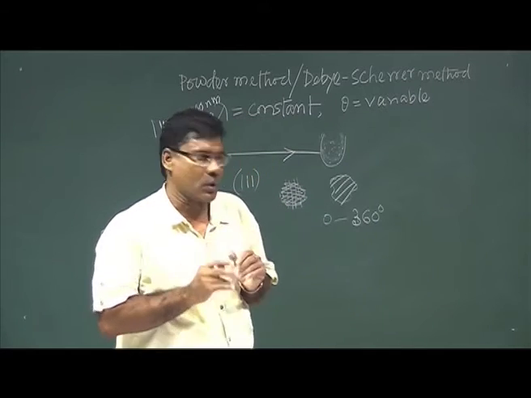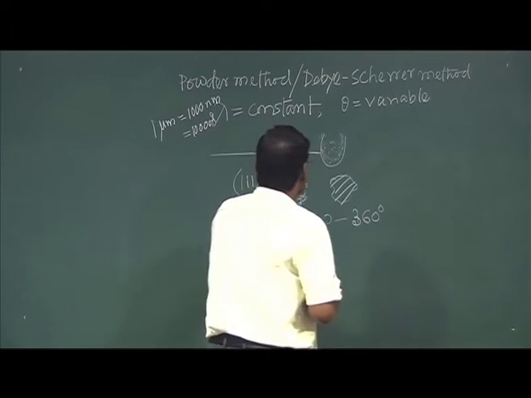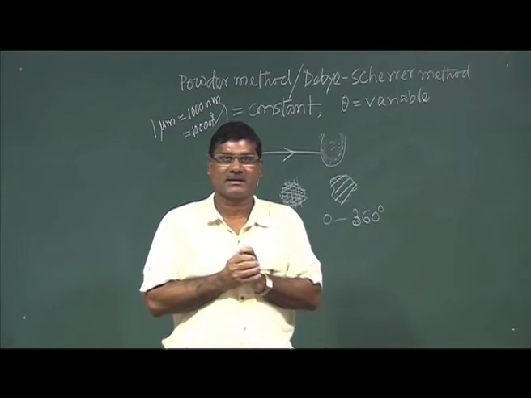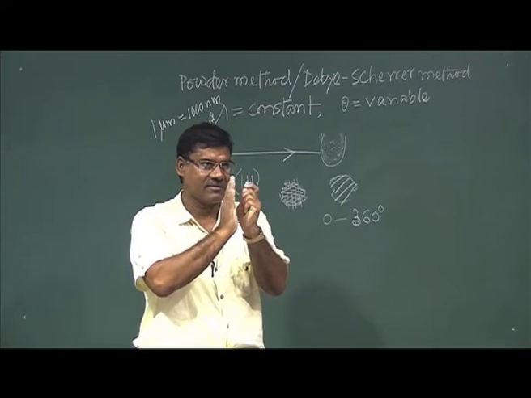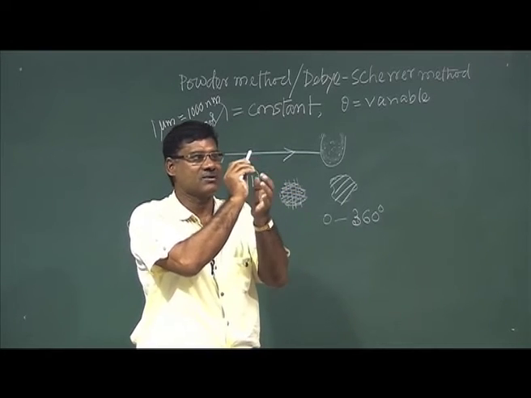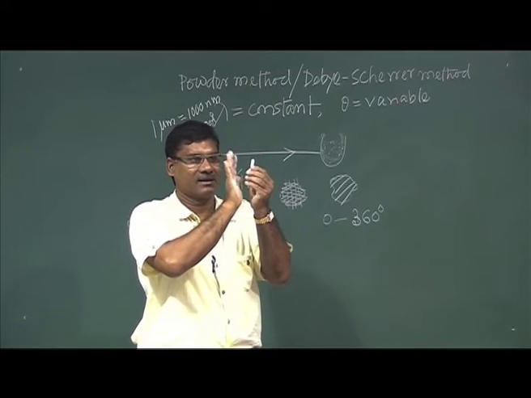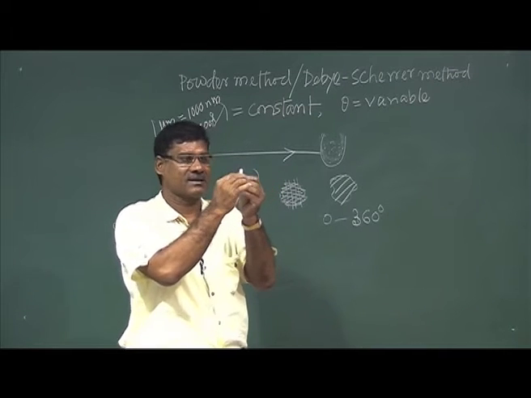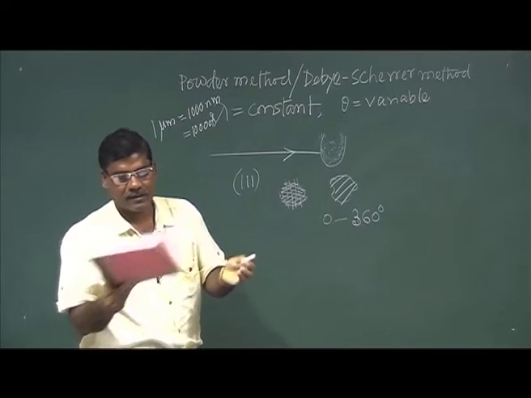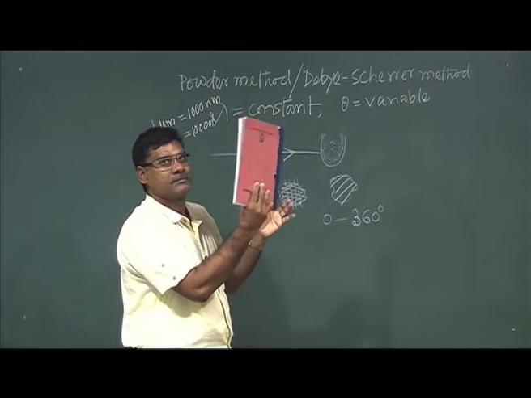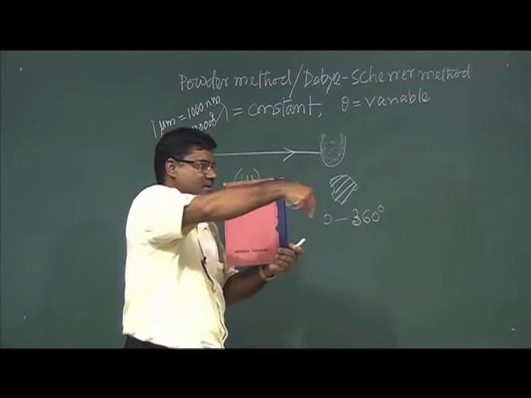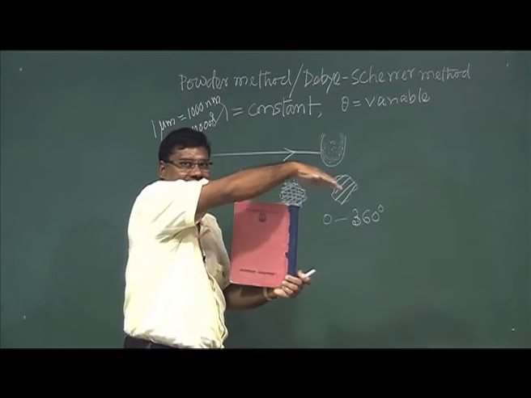So that is very important, because in the rotating crystal method, we have seen this angle variation depends on the orientation. Its orientation was only with respect to this one axis, right? So it was rotating. Whatever angle variation was there was with respect to this plane.